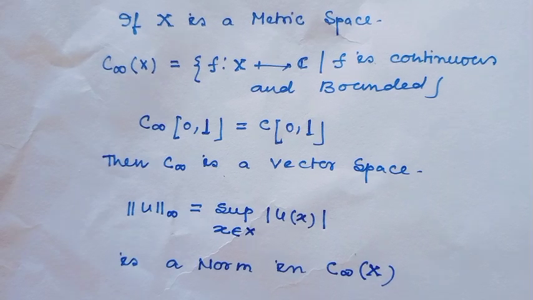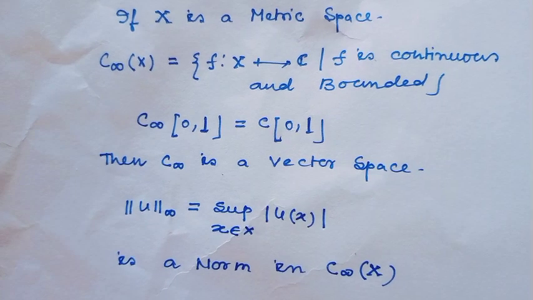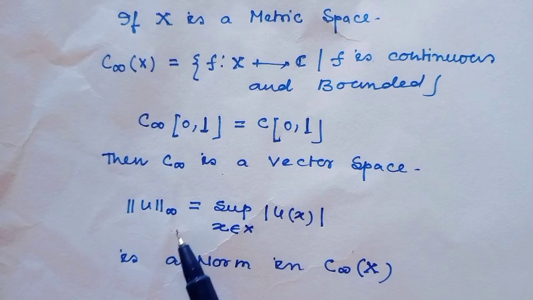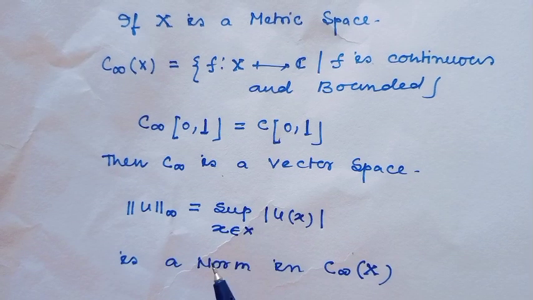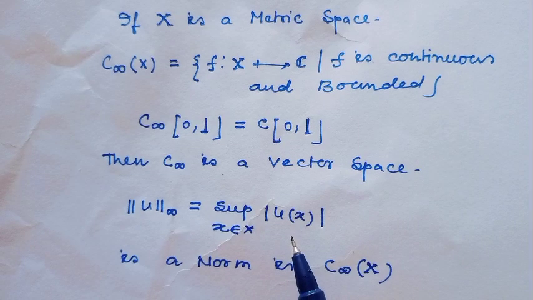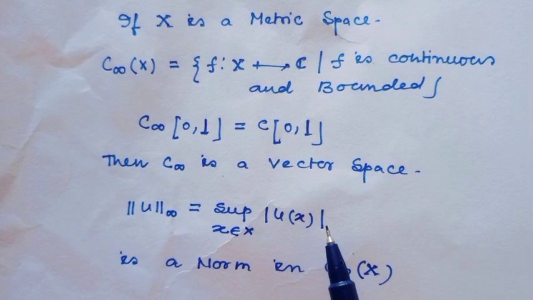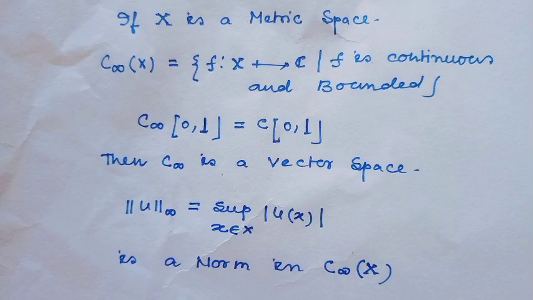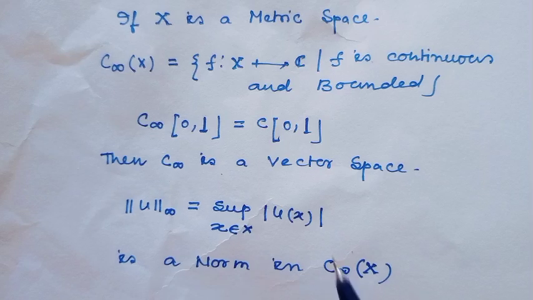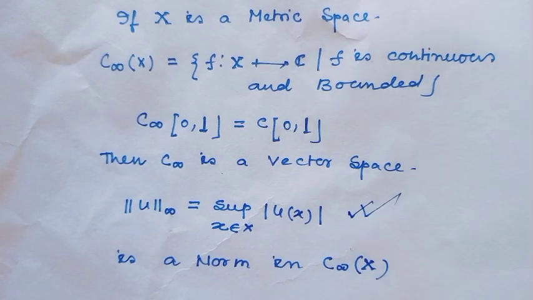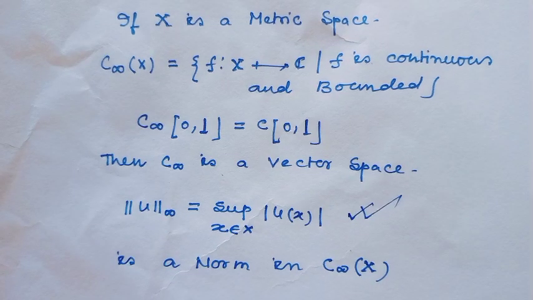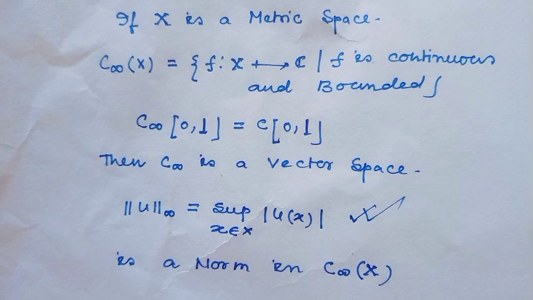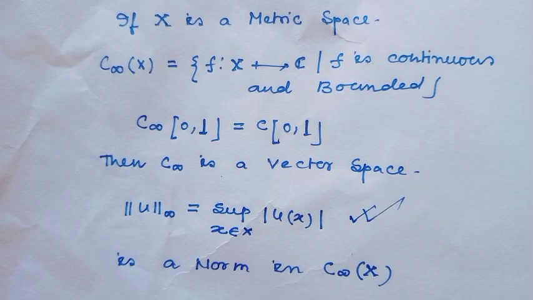I have shown in my previous video why C infinity is a vector space. Now consider the sup norm, the norm of u in infinity equal to the supremum over x in X of the absolute value of u of x. Obviously this sup norm is a norm on C infinity of X, and in this sup norm, C infinity [0, 1] and C[0, 1] are actually the same.